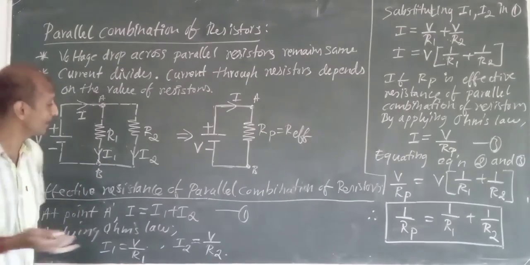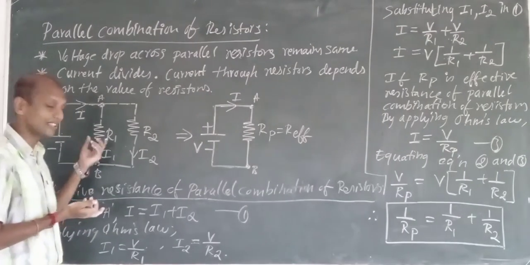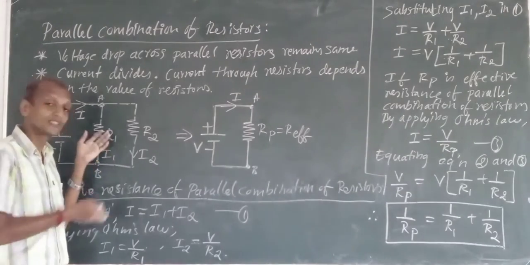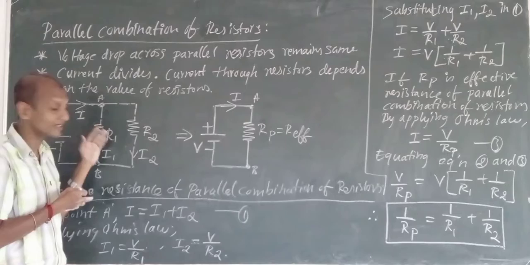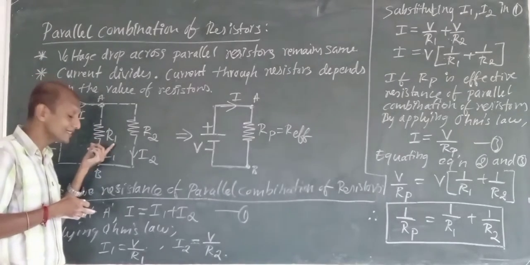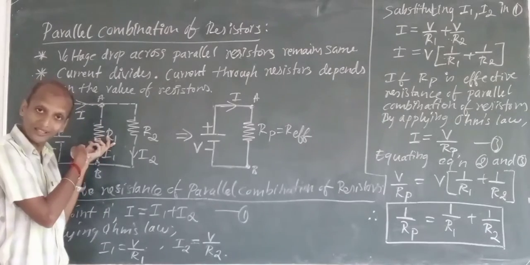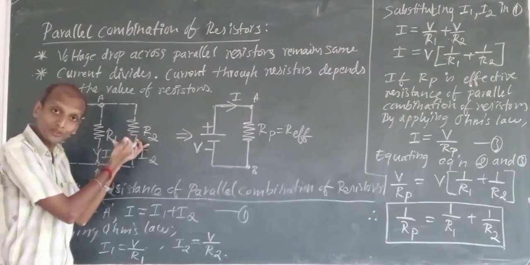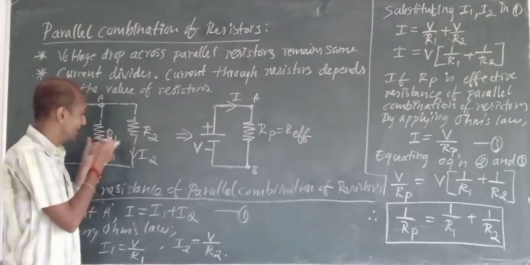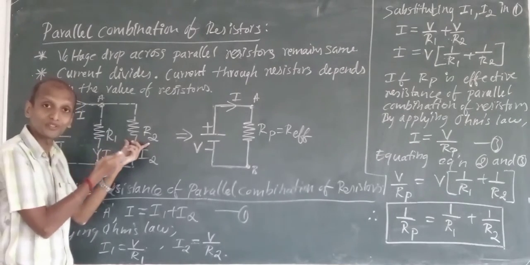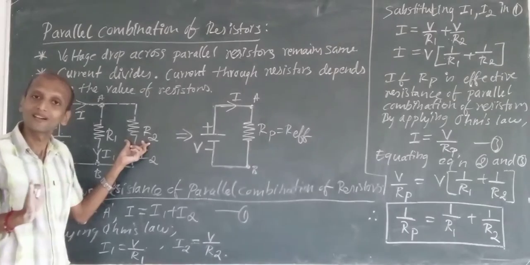That is how we can make out that. We said that a resistor is a component which opposes the flow of electric current. If I have less opposition, more will be the current. If I have more opposition, less will be the current.